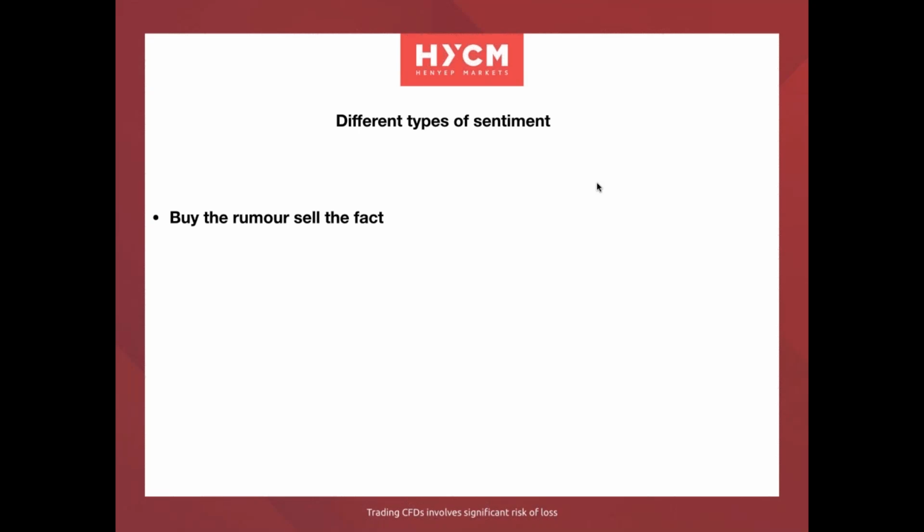But without that, if there were no Brexit difficulties in the way, the pound would just gradually be appreciating into that 2nd of August meeting. Now, when the 2nd of August meeting happens, and if the Bank of England do increase their interest rates, then you would quite likely have a buy the rumor, sell the fact type of scenario. So that's the sort of situation that you want to be looking at.